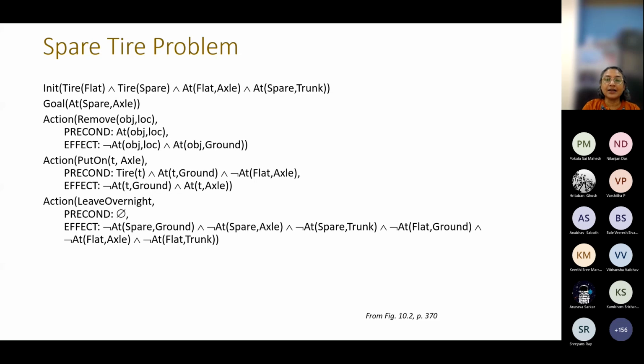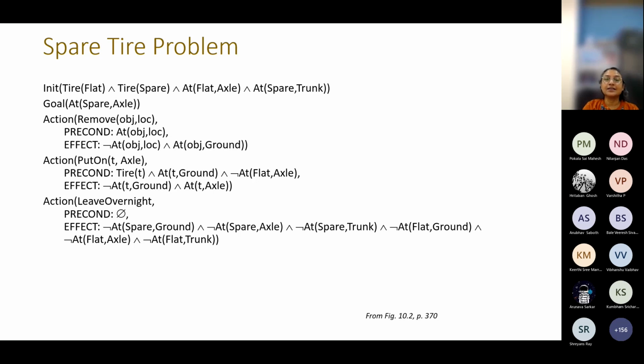So this is one example problem. I will leave the slides with you, which you can work on as your assignment, so that you have an understanding of how GraphPlan works. Right? The initial state is that the tire is flat. There is a spare tire, and so on.